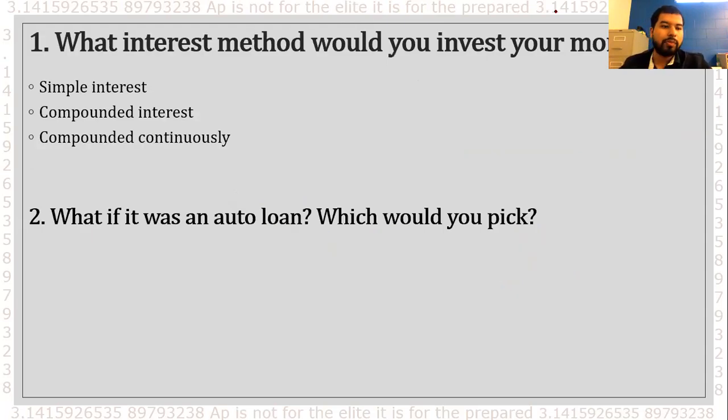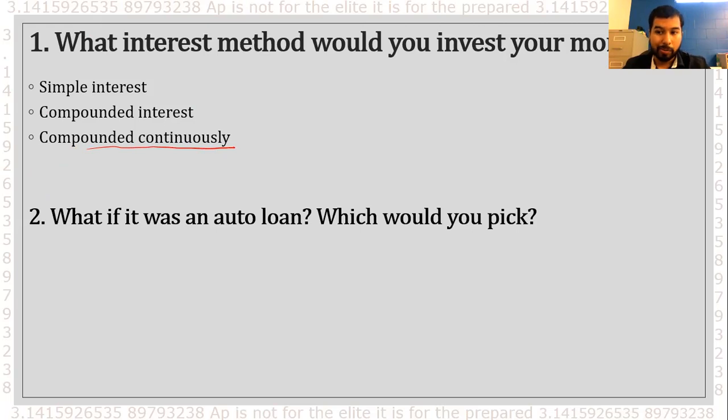Okay, so this one is a reflection question. Which one would you like to invest your money in? It all depends on the amount of terms, stuff like that. But mostly, you will get the most bang for your buck if you compound this continuously, meaning the interest is generating interest on your investment.